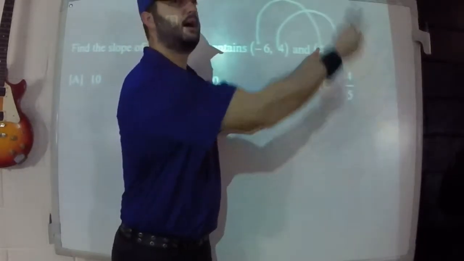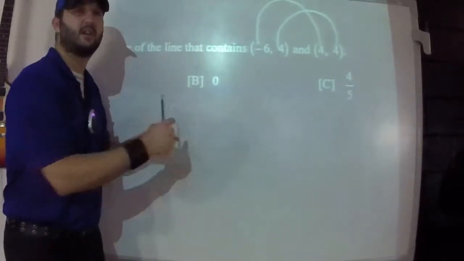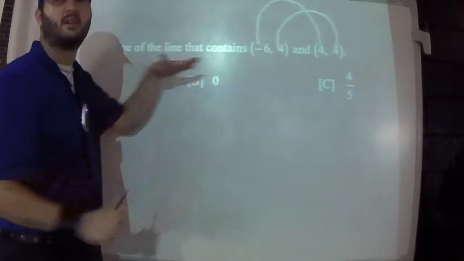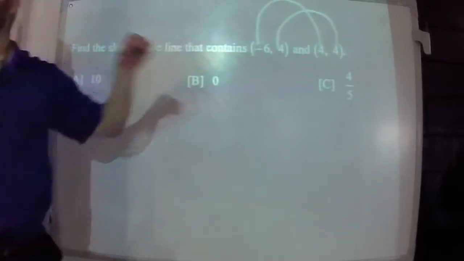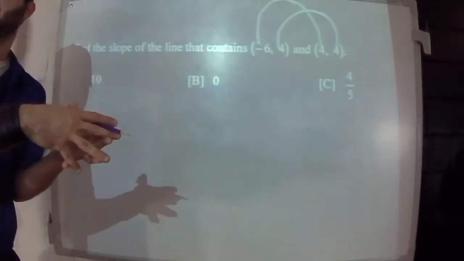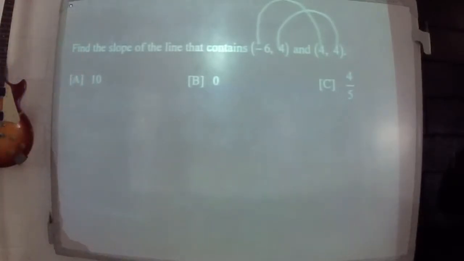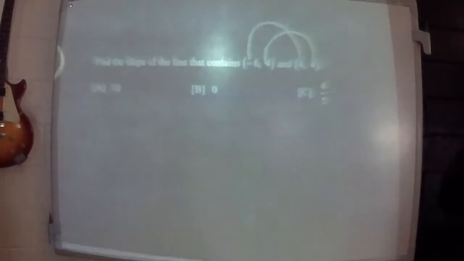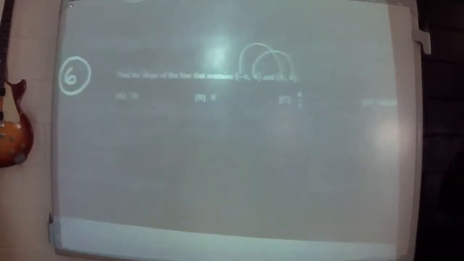Right 4, up 4. They're both up 4, so they're both at the same height, which makes them a flat line. So if you've got the same y's, what's your slope going to be? 0. If you've got the same x's, what's your slope going to be? Undefined. And in any other case, put it into the formula, y2 minus y1 over x2 minus x1, and then you'll get your slope.